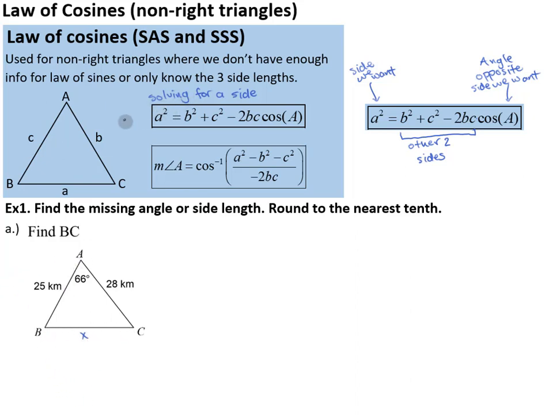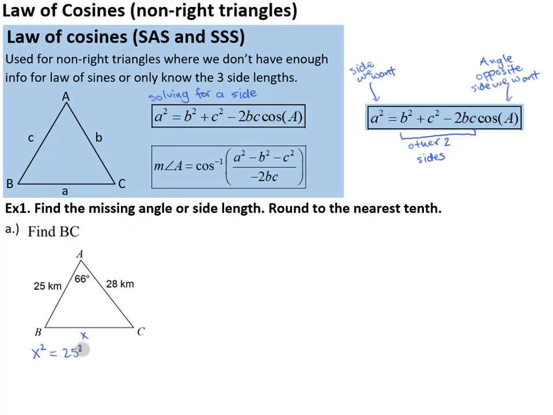Since we're solving for a side, we're going to use the top version of the formula. We'll talk about the bottom one later. So the length we want squared equals, and all of this part, remember, is the other two sides. It doesn't matter which one we call B or C, but we're going to square both of them and add them together.